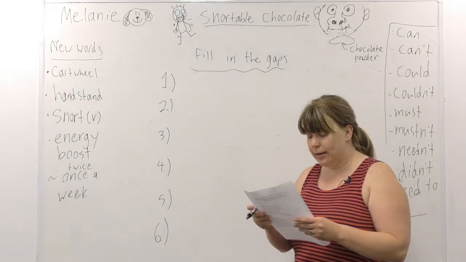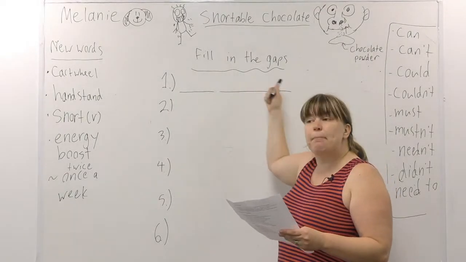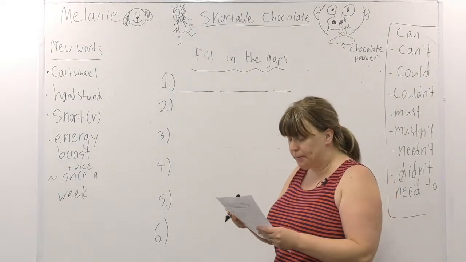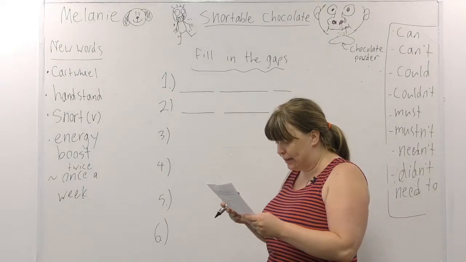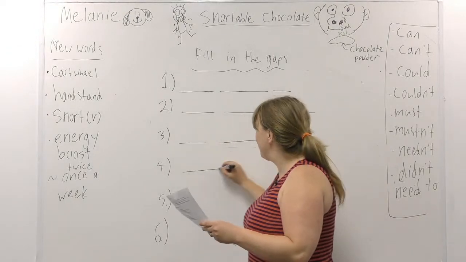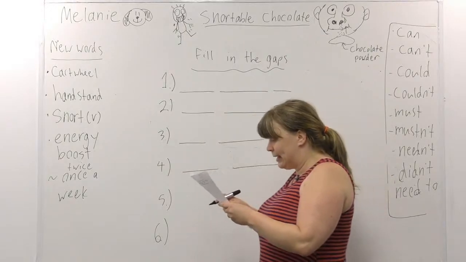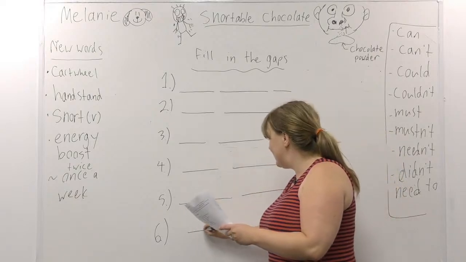Here we've got 3 separate words that are going to pop up, and here 3 separate words that pop up. Another 3, and another 3. Most of these are blanks of 3.